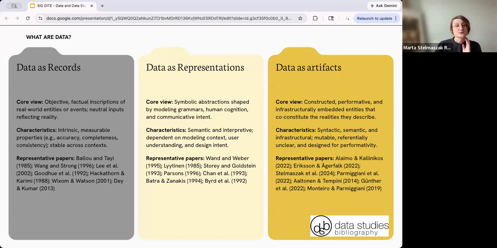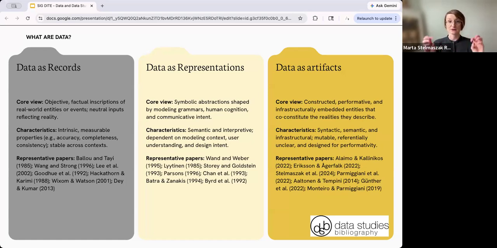The last group of papers we found in the bibliography take the view of data as artifacts. So they really want to understand how data come to be as things. And in here, the core view of what data are is that they are constructed, performative entities that are embedded in infrastructures, and that they co-constitute the realities that they describe.